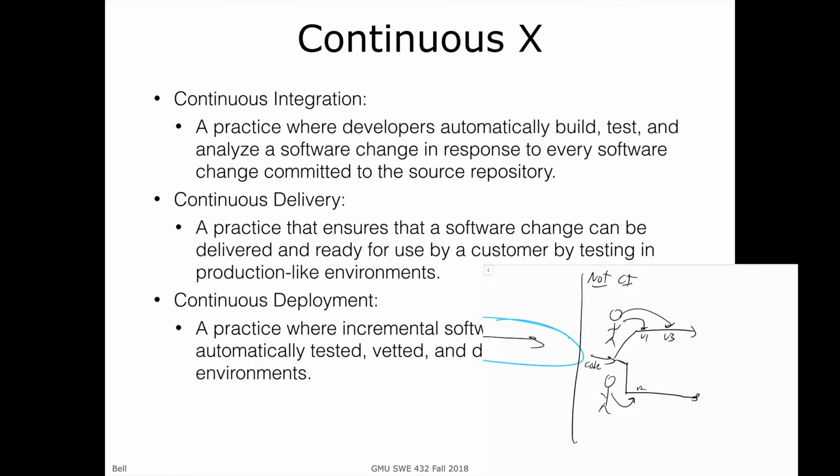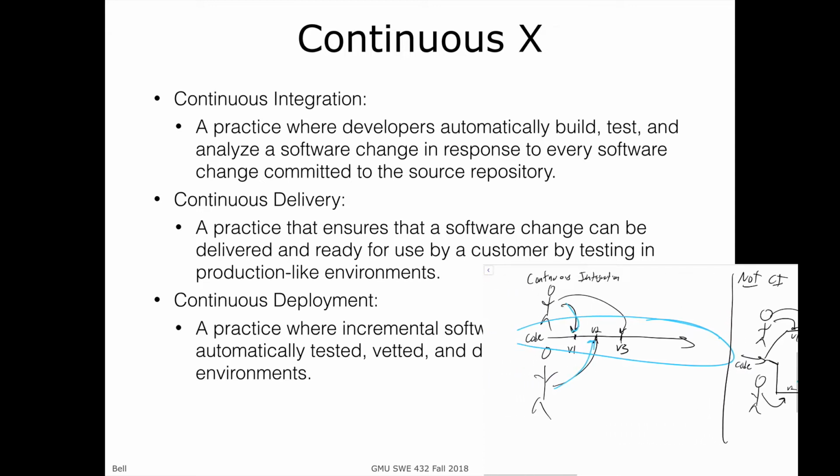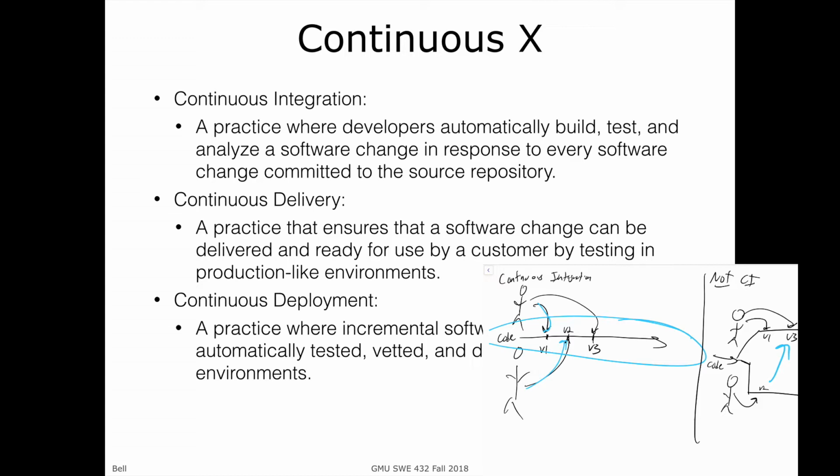So what happened here is I've got these branches, and each developer is working in their own branch. And because of that, they are not sharing these commits between each other, and they're not integrating those changes. Here in the CI picture, we can see all of these changes are being shared and integrated immediately. We'll talk more about continuous integration in a moment.